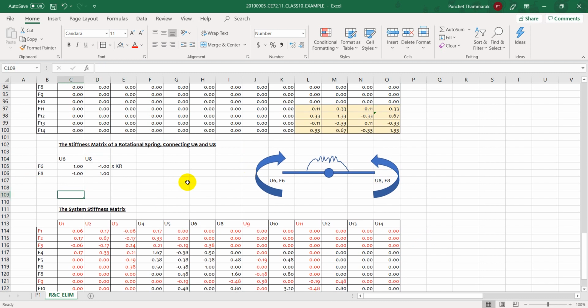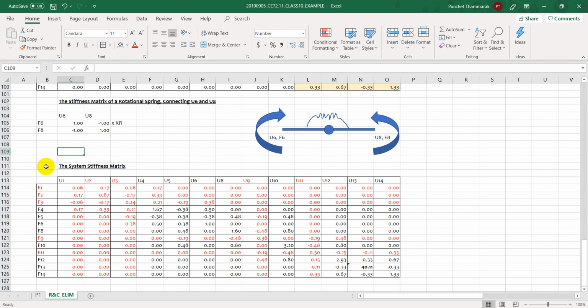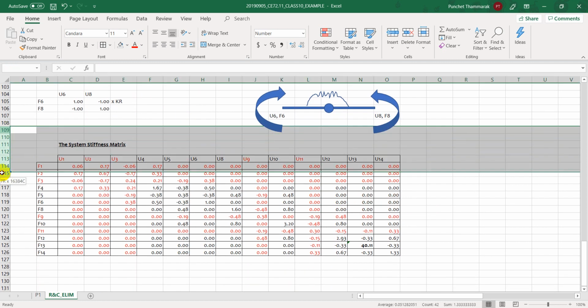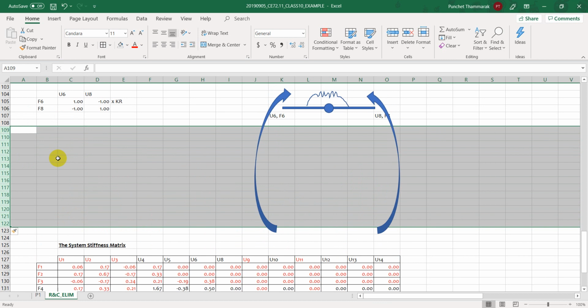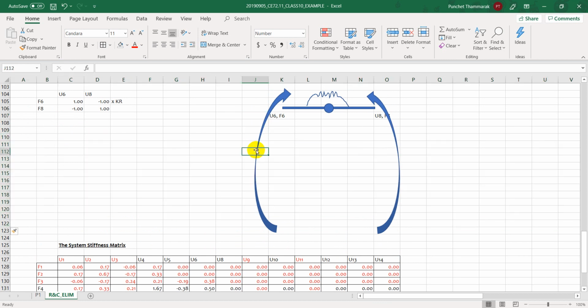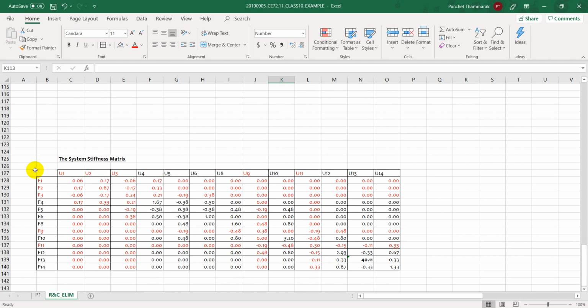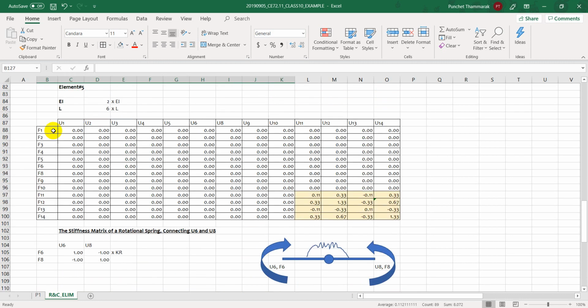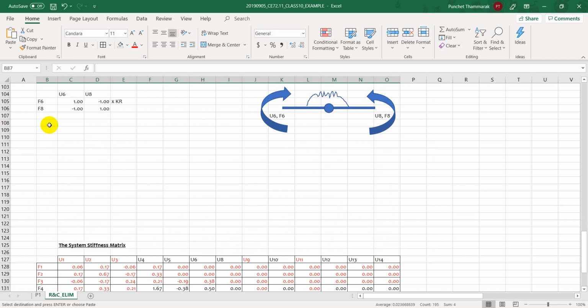Now, again, we will just add how many rows? 14 rows. Insert. Yeah, wow. Sorry. And I'll be just taking this frame from here.